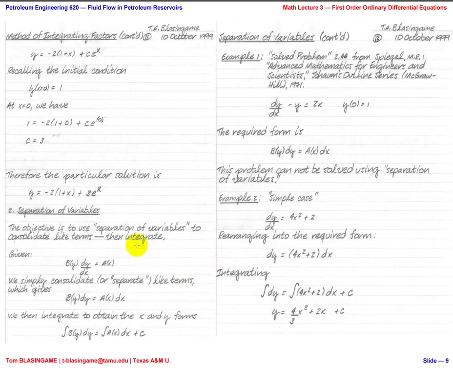Separation of variables. Okay, here it is. It basically says that if you have a differential equation where you have a function of y multiplied by the derivative, which is equal to some function of x, and this is solved only by separating variables, you solve on this side for the functions of y, and on this side for the function of x, like in this step.